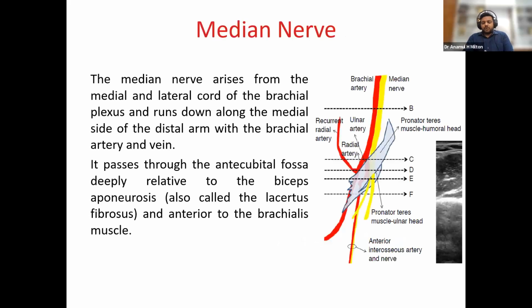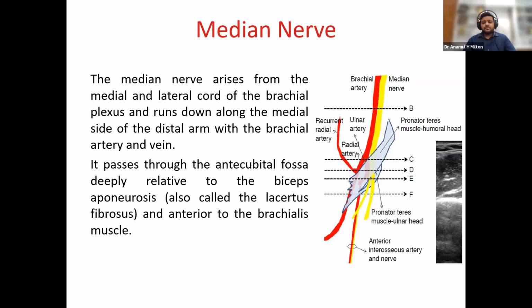Now we are looking for nerve entrapment. We already know that there are three main nerves in the elbow: the median nerve, the ulnar nerve, and the radial nerve.